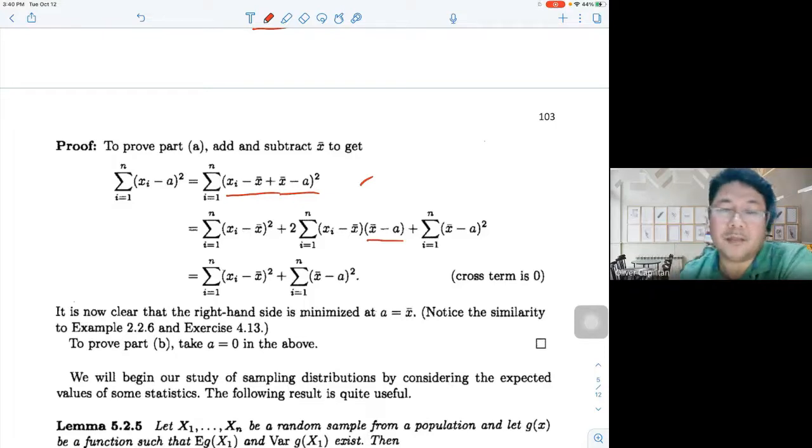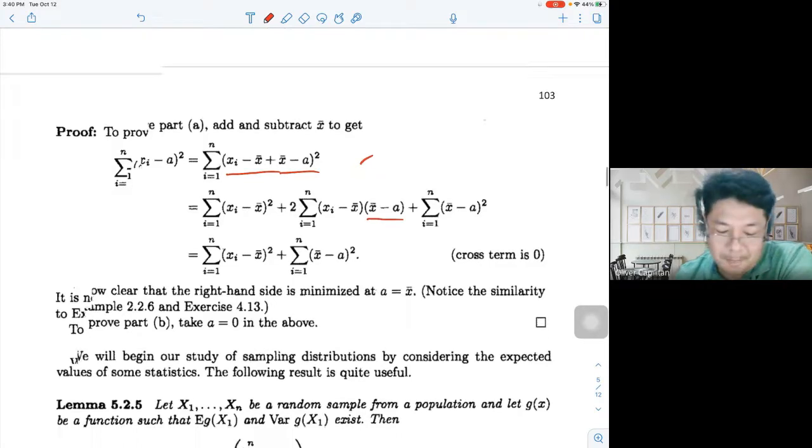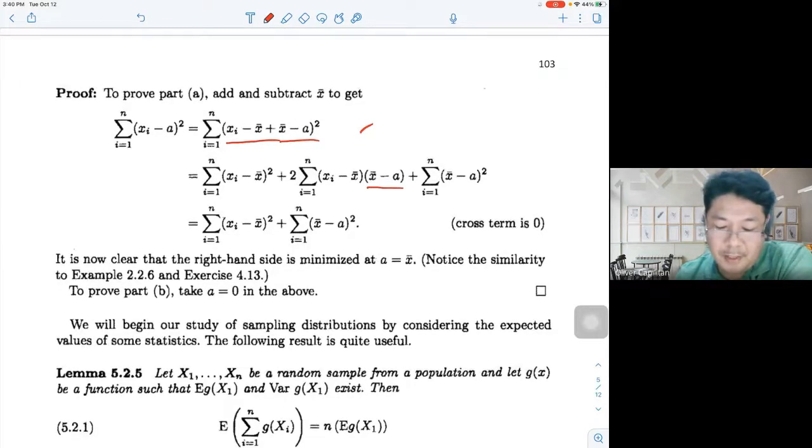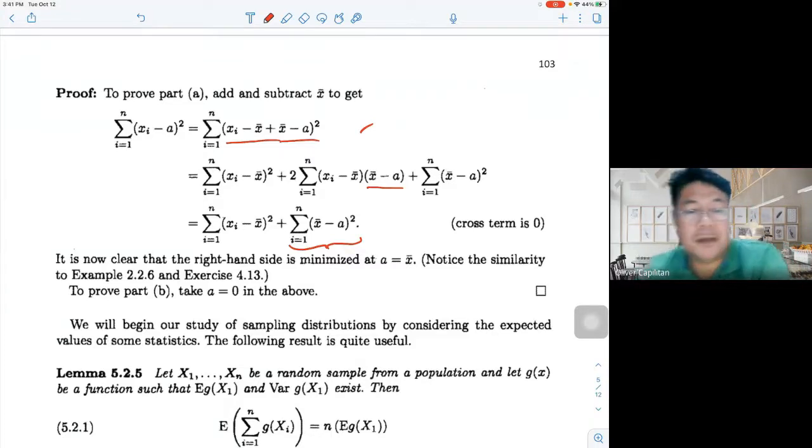Hence, the second term is just equal to 0. What remains are the first term and the third term. So it's now clear that the right-hand side of our equation is minimized when we choose a to be equal to X bar, because if a is equal to X bar, this term will become equal to 0. It is minimized when we choose a to be equal to X bar.